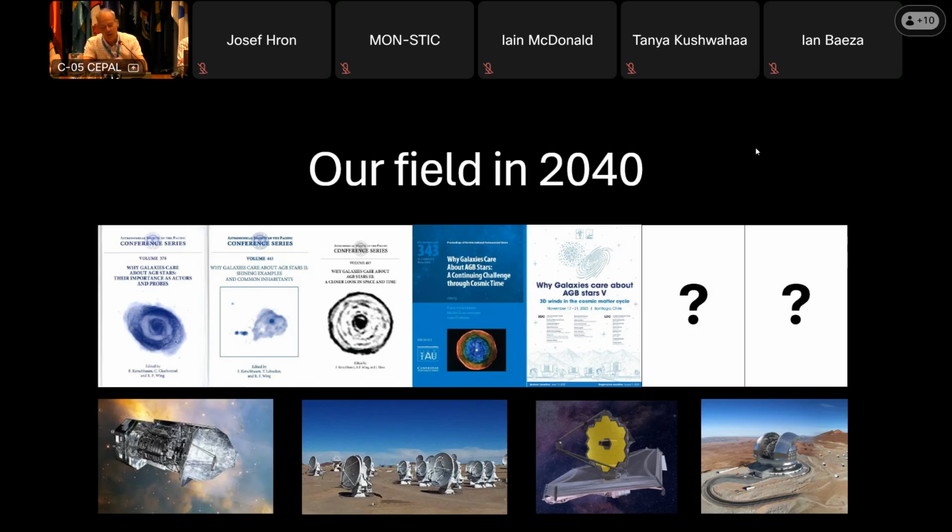The first 5 years are dedicated to surveys, both those proposed by the community and, of course, the consortium surveys. And some of them have a clear link, at least, to AGB stars. There are surveys on globular clusters, also surveys related to dwarf galaxies.